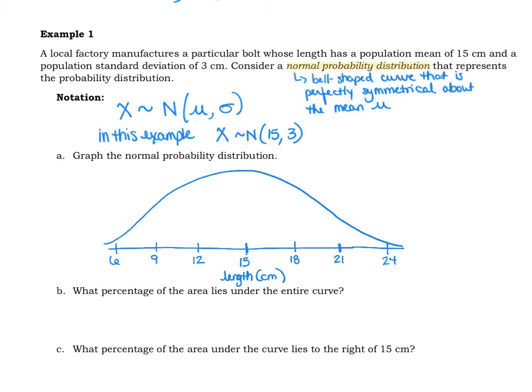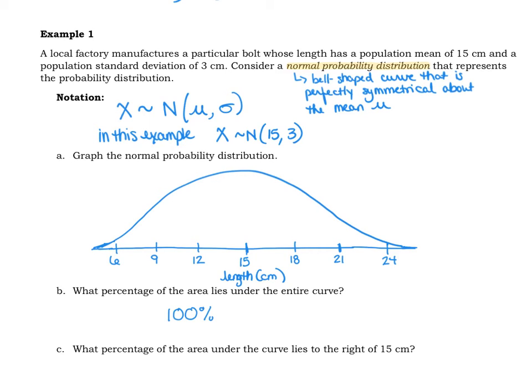All right. What percentage of the area lies under the entire curve? Well, this curve, although it never officially touches down and comes to a stop, gets so close that basically there's no area under there. Hopefully it makes sense that 100% of the area lies under the curve. There's not some area that has escaped and gone anywhere else.